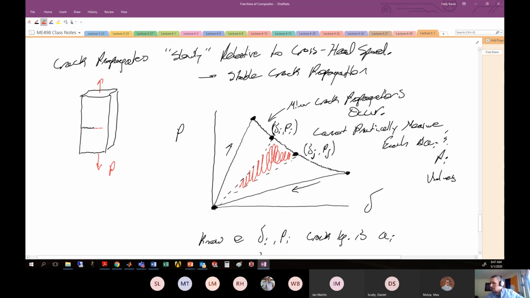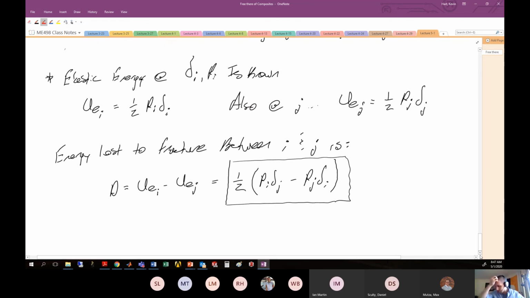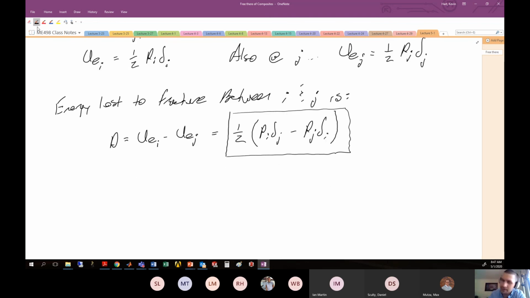Right? So this is our approximation to the energy lost to fracture between location I and J. Then the critical strain energy release rate between those 2 points is that value normalized by the area that we created.